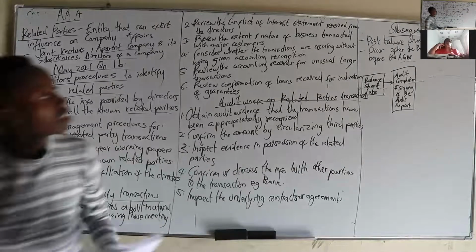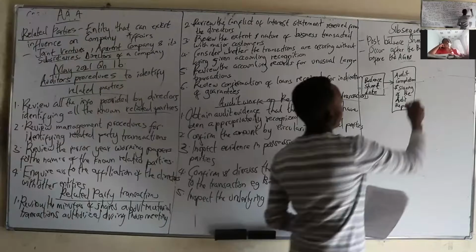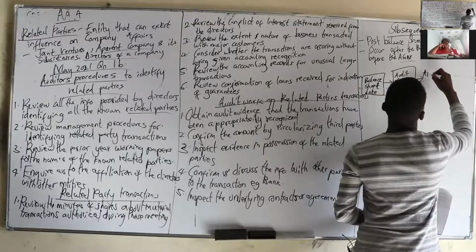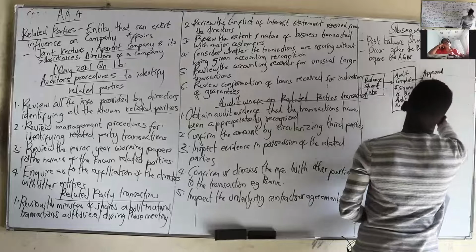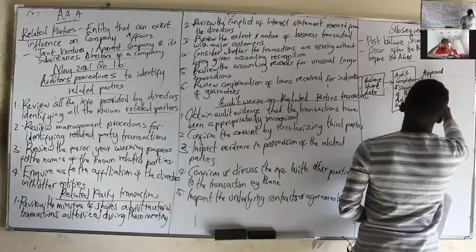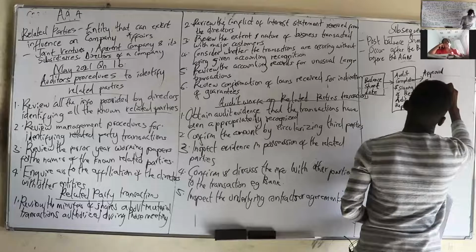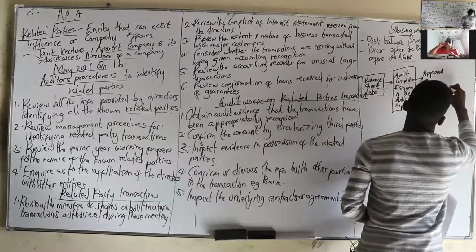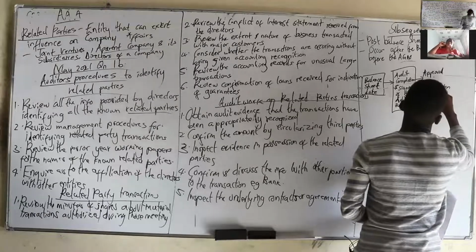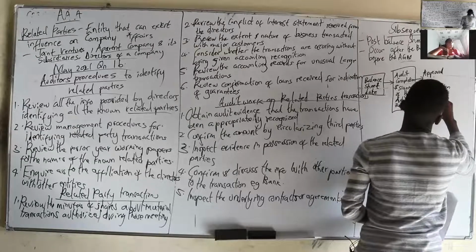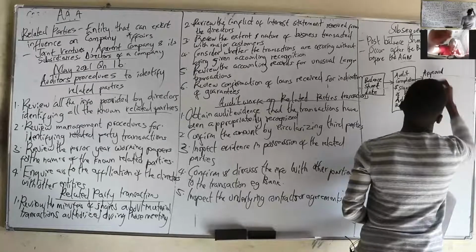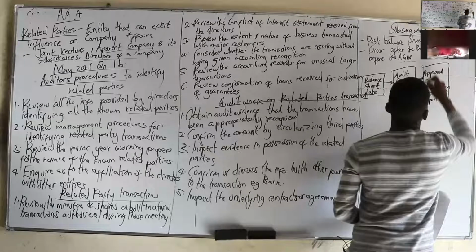And then also you approve. So the senior managers of the audit, or the audit managers, approve the audit report, and then there is circularization of the audit report to the shareholders and to the relevant stakeholders.